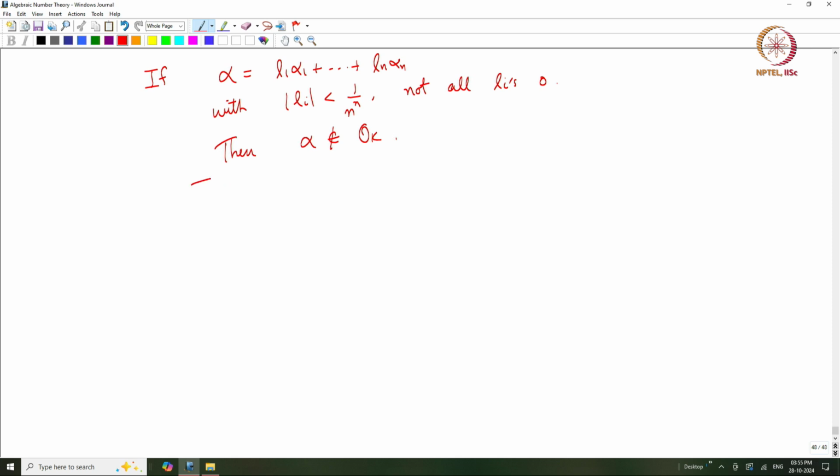Therefore, OK is discrete. Right? That is what the definition of discrete is. You find a neighborhood around origin, so that 0 is the only point in that neighborhood. Okay. So, that proves our proposition.